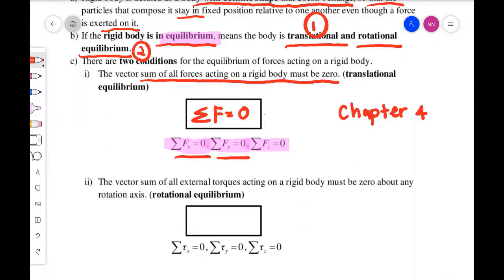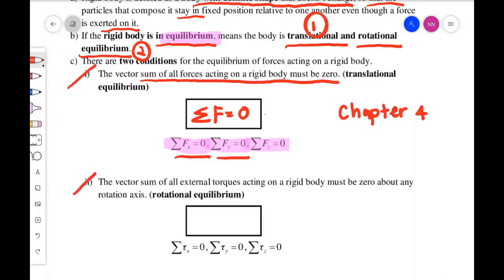Dalam chapter 8, rotational motion. Objek ni rotate. Tapi ada juga soalan yang melibatkan ada dua objek yang dalam satu sistem, connected to each other, and then satu objek ni dia buat rotational motion, satu lagi objek buat linear motion. Itu adalah condition yang pertama.